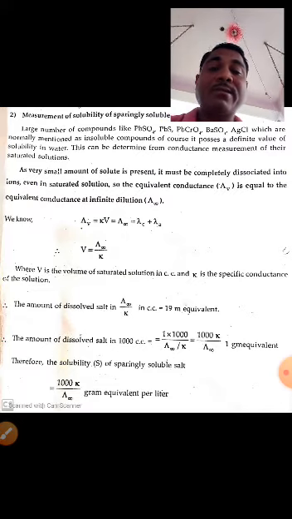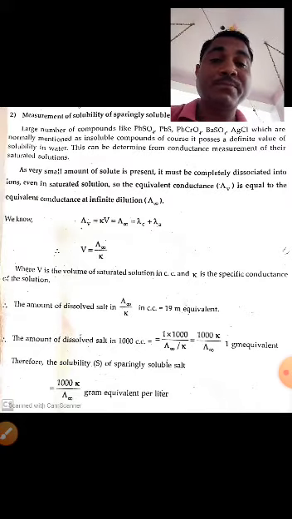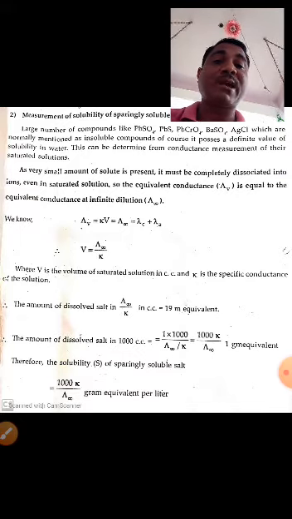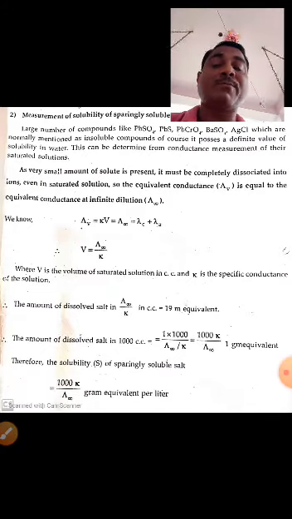We know that a large number of compounds like PbSO4, lead sulfate, PbS, lead sulfide, PbCrO4, lead chromate, BaSO4, barium sulfate, and AgCl, silver chloride, are normally mentioned as insoluble compounds. But these compounds possess some definite value of solubility in water.